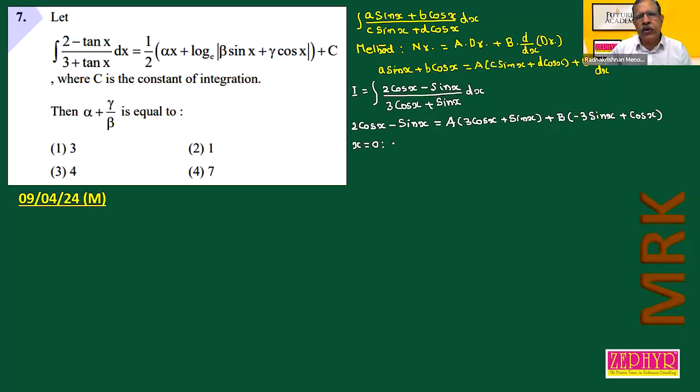So you are getting 2 is equal to 3A plus B. That is equation 1. Okay. Put x equal to pi by 2. So on the left side it is minus 1, and on the RHS it will be A minus 3B.